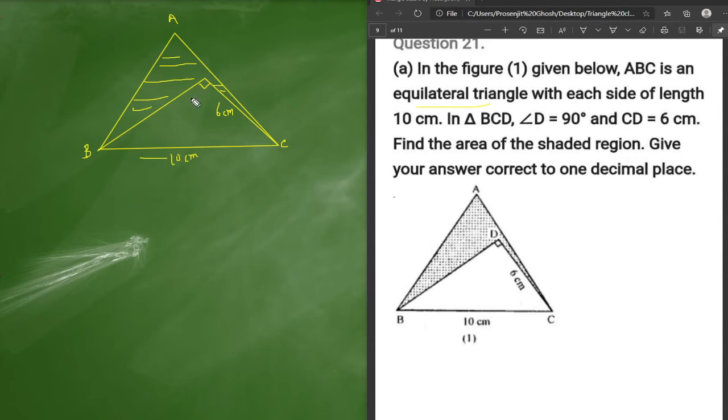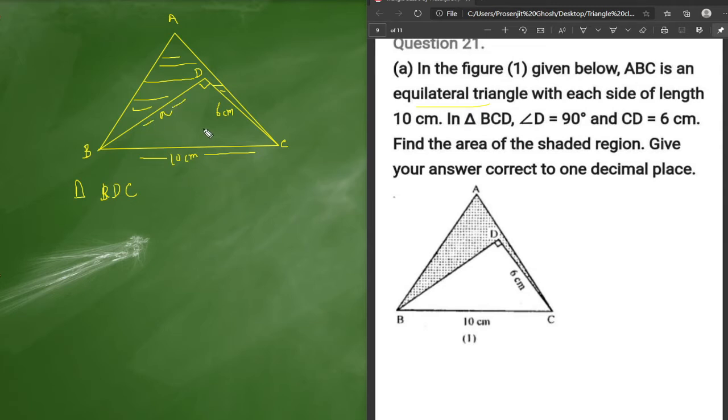First of all, this smaller one, let me name it T. In the right angle triangle BDC, we can find the height, and by that we can complete the area of it. So first you have to find this part, which I'm marking as A.